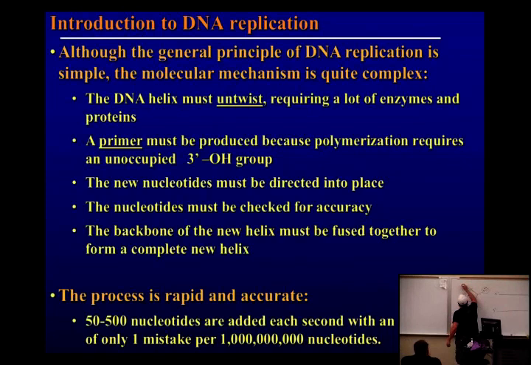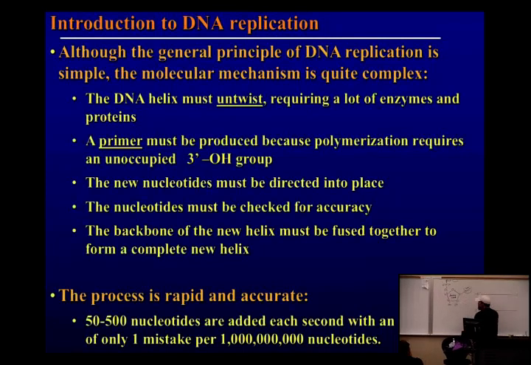And then this continues on to the next nucleotide with the next base. And so this would be the 3' end, and that would be the 5' end. So what's on the 5 here?